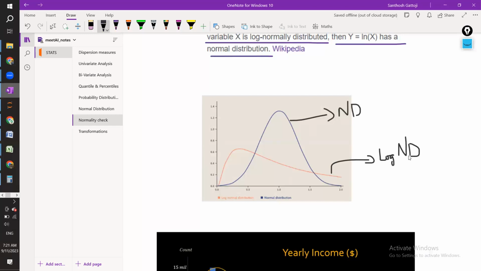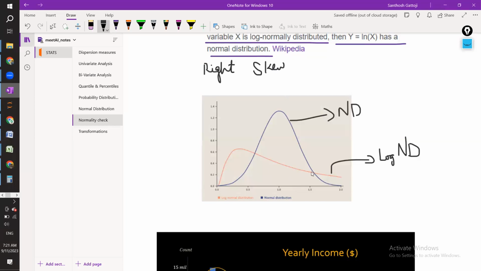But forget about normal or lognormal. How does this distribution look, guys? It looks like a skewed distribution, and it is a right skewed distribution. Agree? So usually a lognormal distribution is a right skewed distribution.